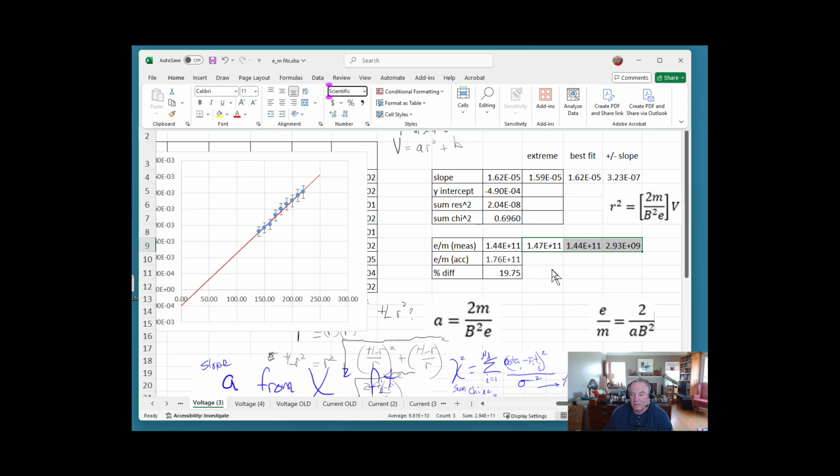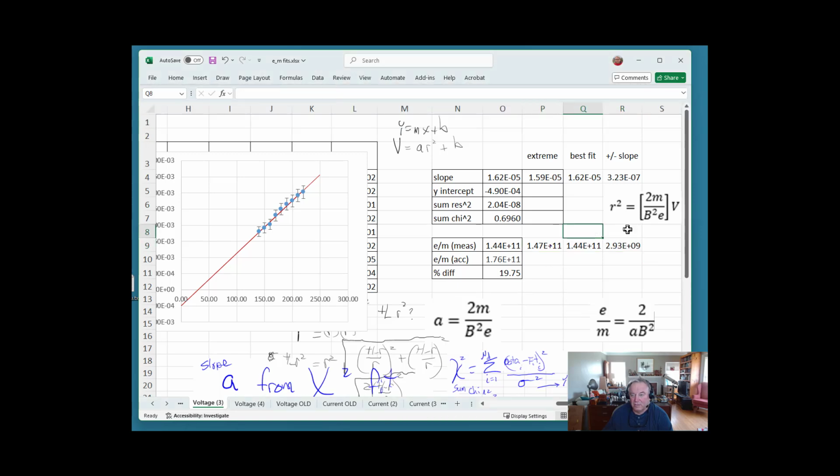All right, so this is plus minus on E over M. And we have to put an escape character here, which is this diacritical mark. Maybe not. Then is it an apostrophe? Yeah, let's put an apostrophe there. There we go. Then plus minus E over M.